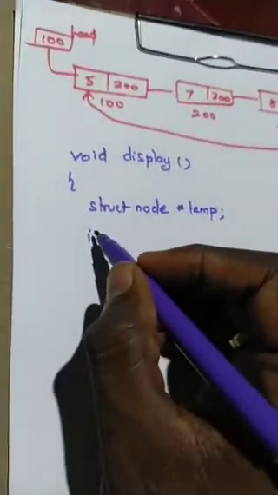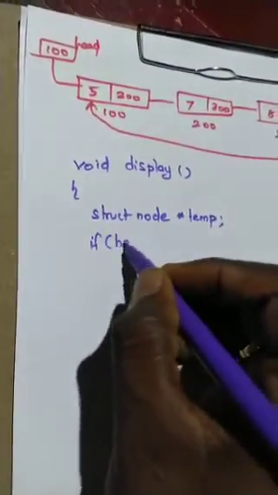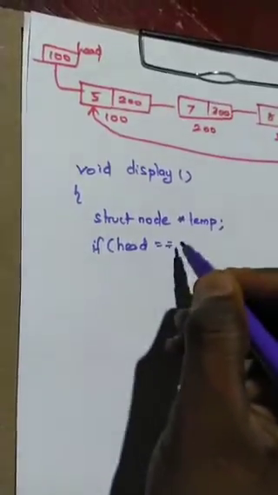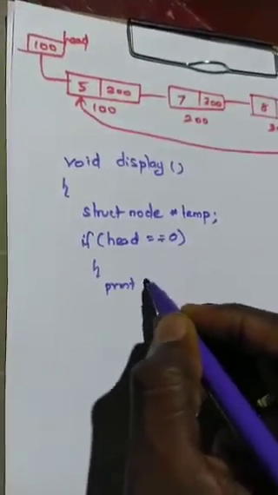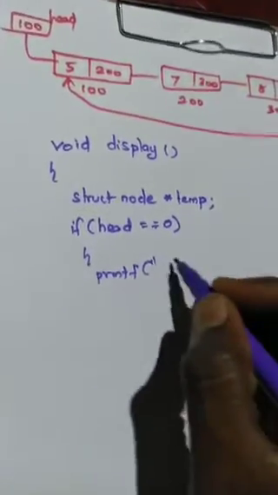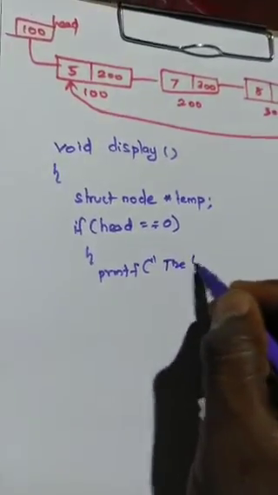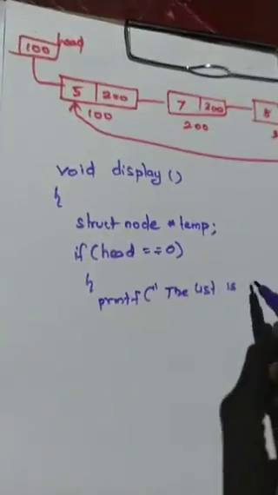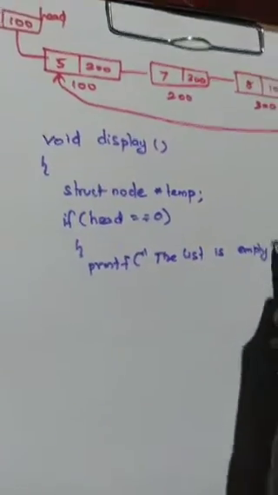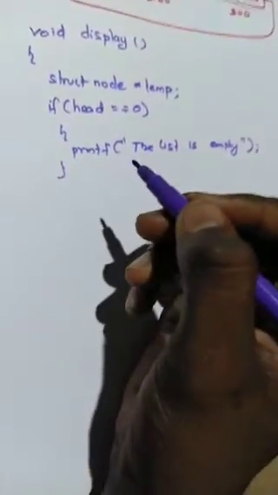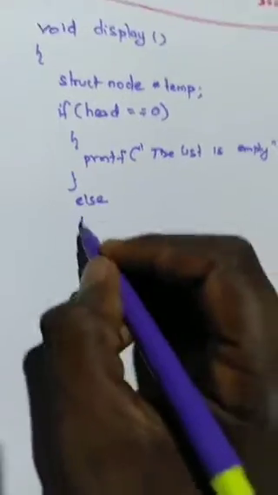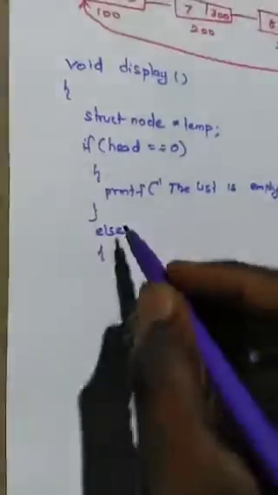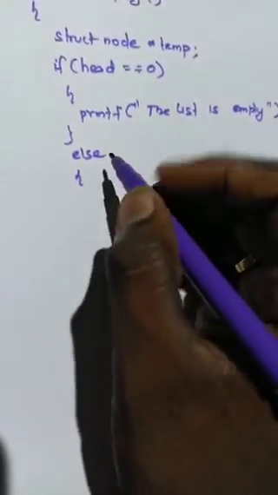So I am going to make the condition: if head is equal to 0, print the list is empty. Okay, if not, the list is not empty, so it's very important, just keep listening.